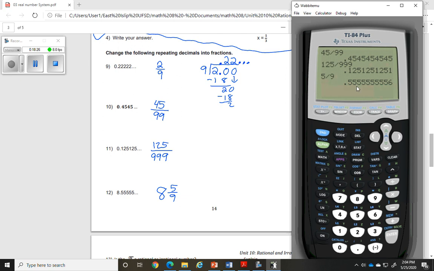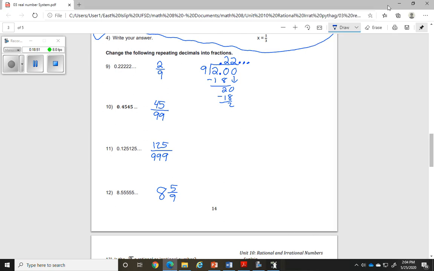Your calculator is so smart that since it can't fit the whole number, it knows rounding rules. It knows that if you have 5 or higher, you round up. So it eventually rounded since it can't fit it. So you have to be careful. If you see the same number listed and then the last one is one higher, you need to recognize that as your calculator rounding. It really is 0.5 repeating.